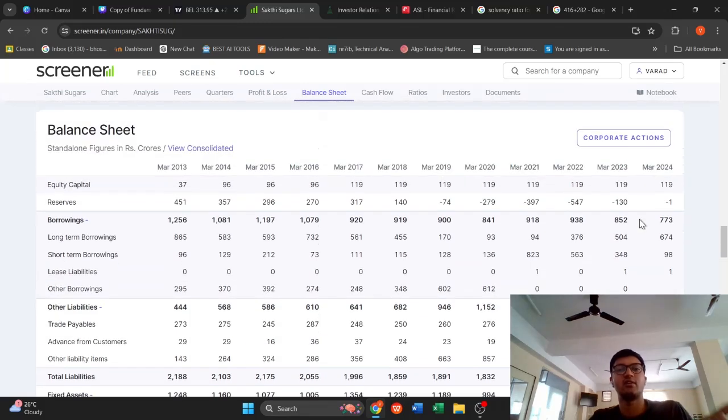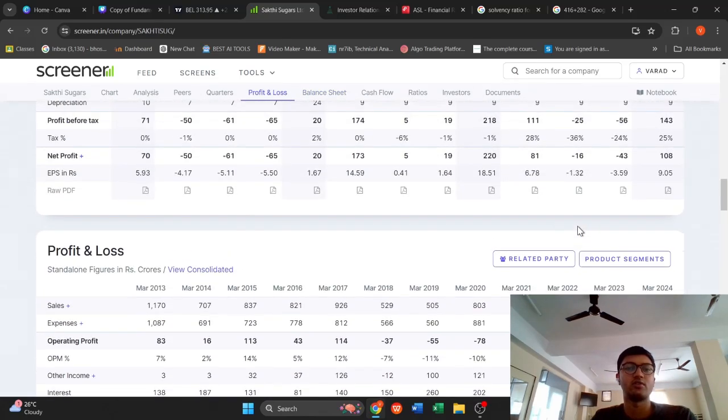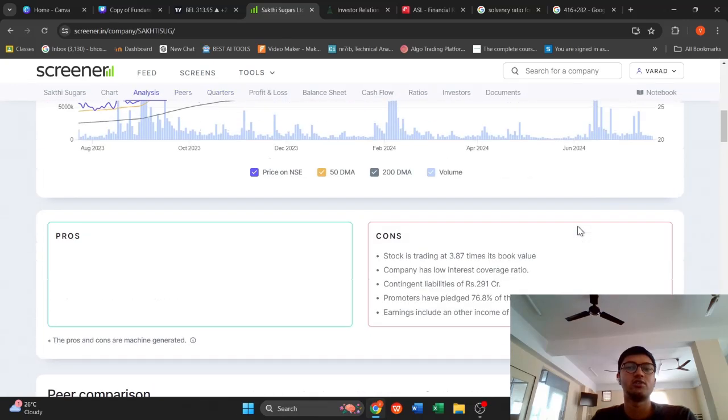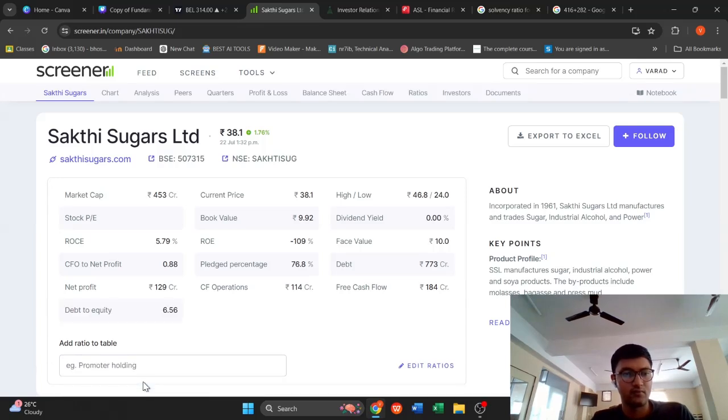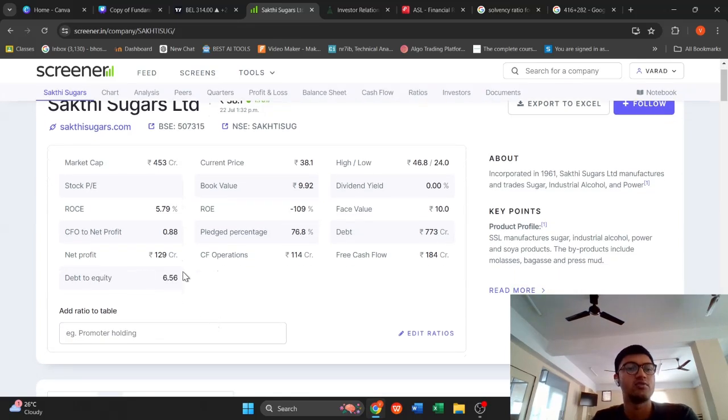Just assume the company has less debt relative to its equity, because at the end of the day the company will be able to repay. So the debt to equity ratio should be low. Let's see, debt to equity.